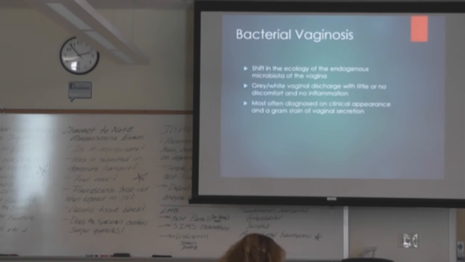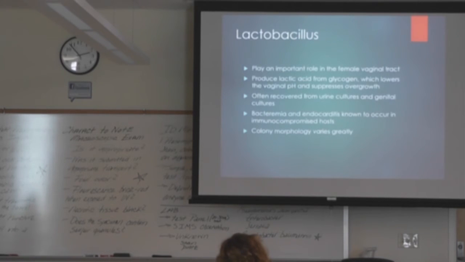And the one that actually plays a role in this is the Lactobacillus. What you need to know on this is that colony morphology varies greatly, so it's highly pleomorphic, okay? It helps with the pH of the vaginal system, okay?